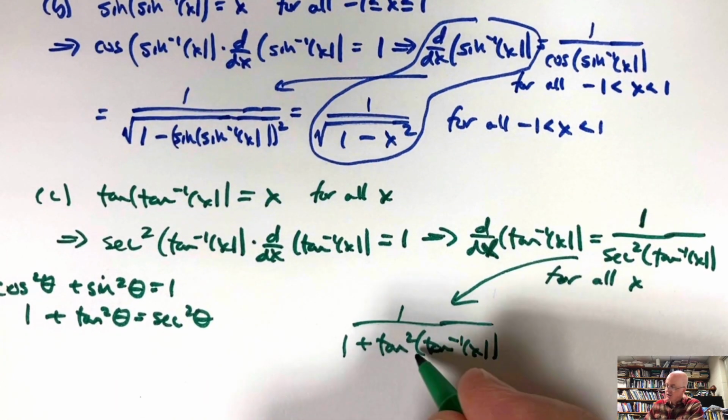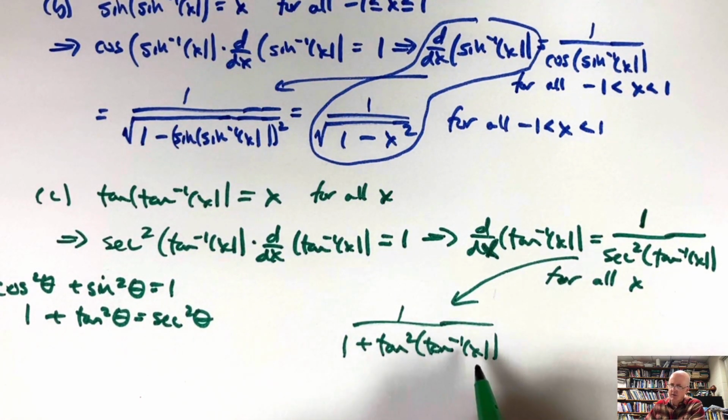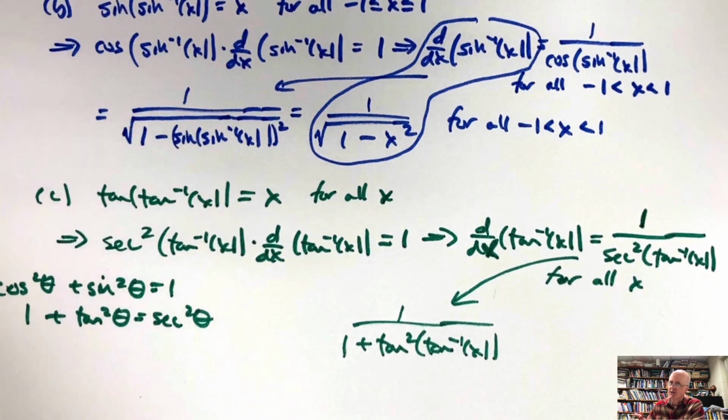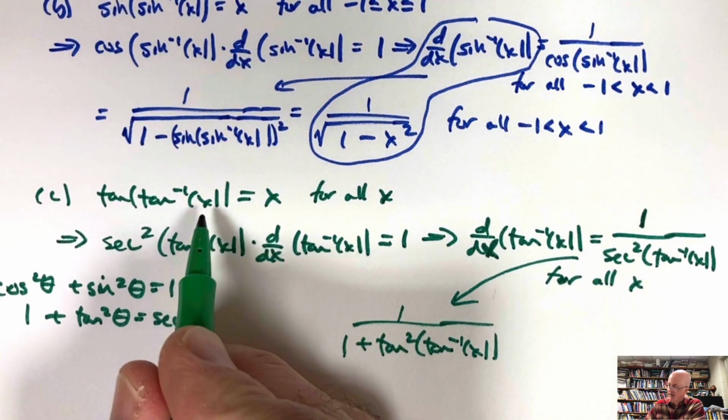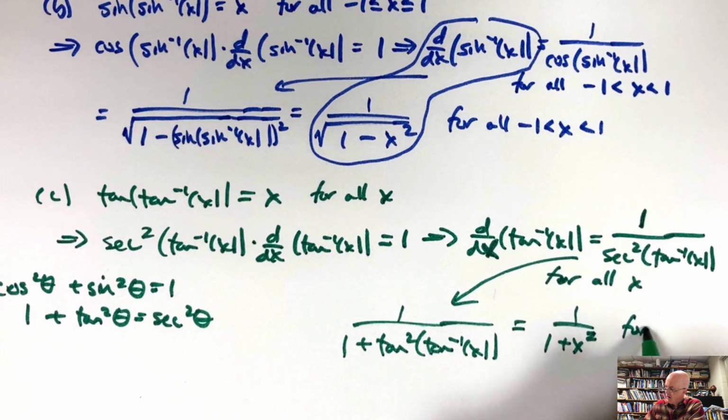But remember, tangent squared of something really is tangent of that same something quantity squared. So we take the tangent of inverse tangent of x and square that. But the tangent of inverse tangent of x is x. That equation right there. So this simplifies to 1 over 1 plus x squared, and that's true for all x.